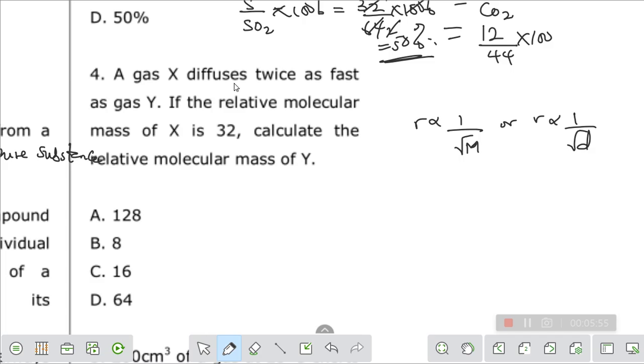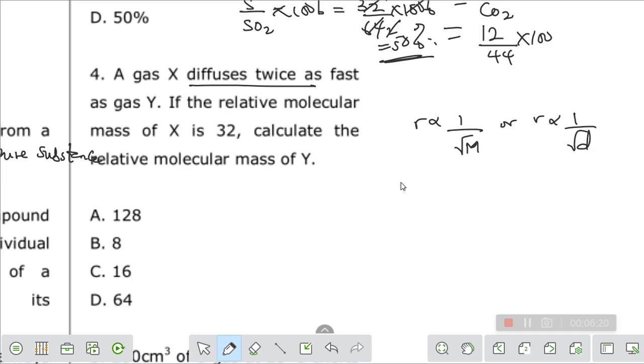Please make sure you note their terms. A gas X diffuses twice as fast as gas Y. They now said if the relative molecular mass of X is 32, calculate the relative molecular mass of Y.